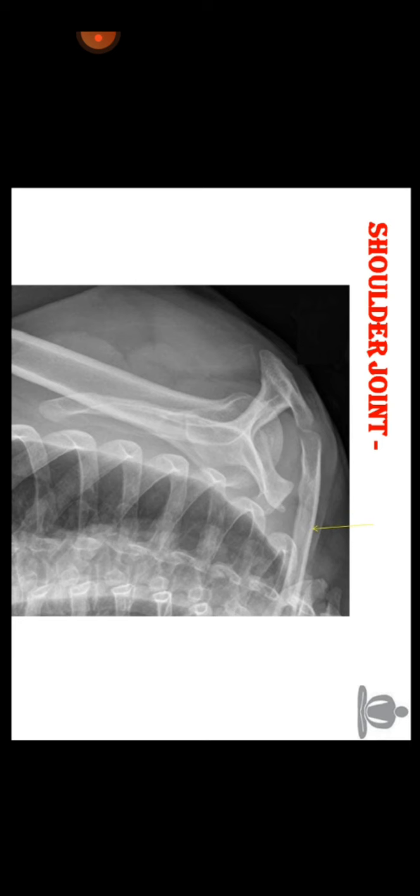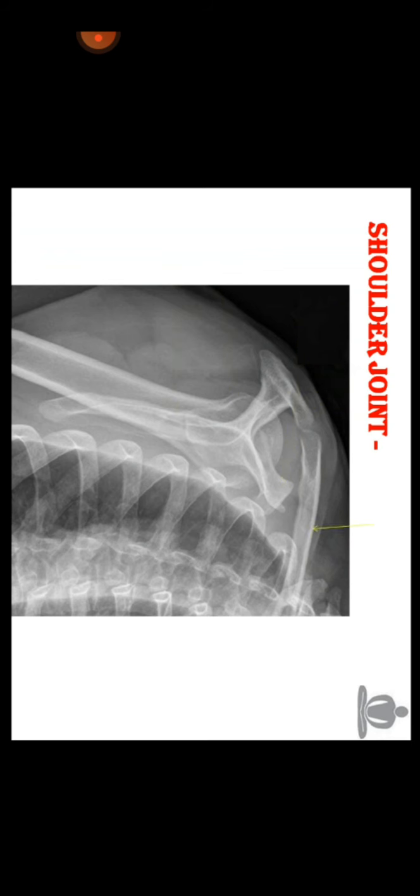So this is clavicle. This is acromion. This is coracoid process. This is humeral head. This is scapular body, and this is inferior angle.